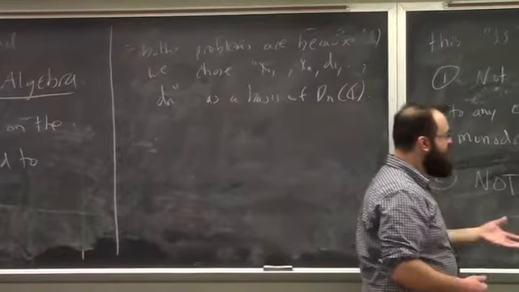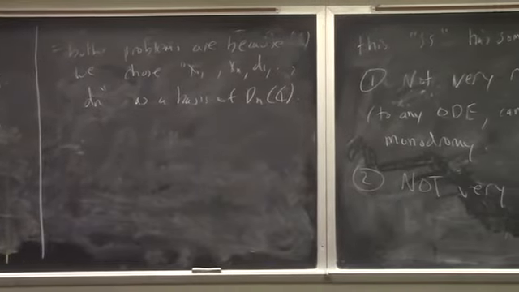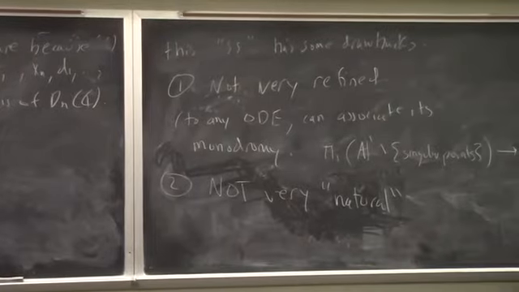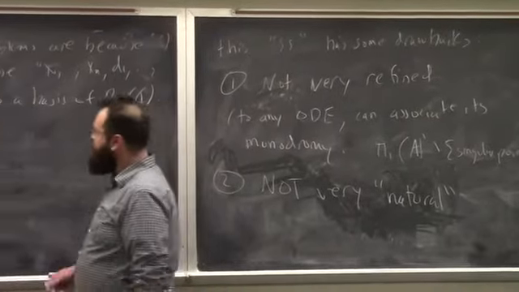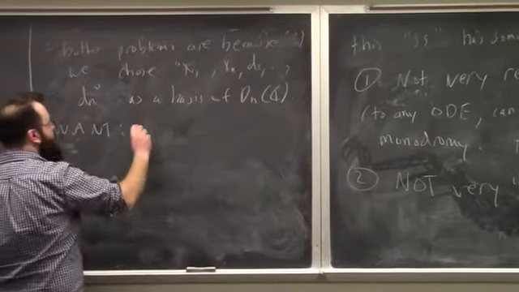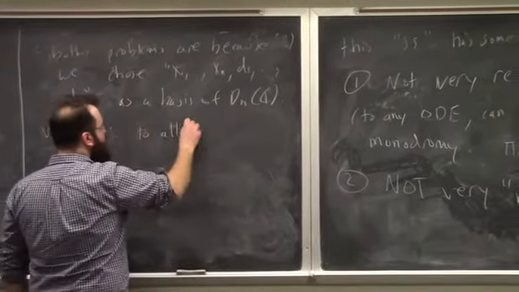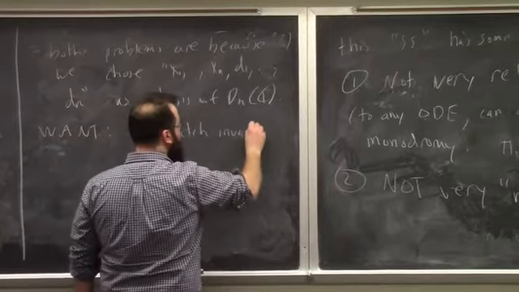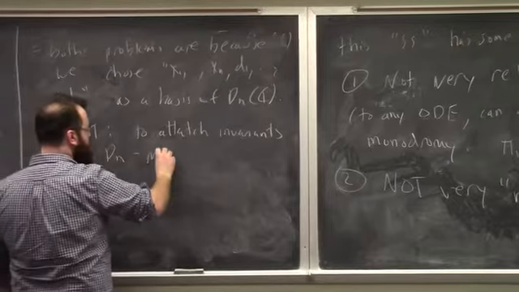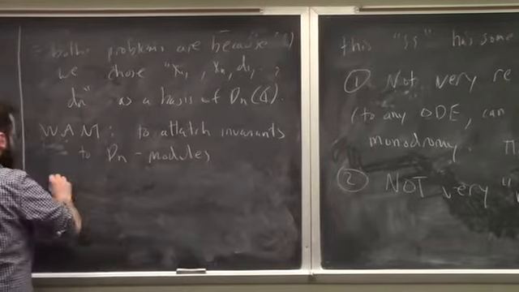And so what these things suggest is that we should be trying to look for invariants that are somehow basis independent. What we would want is just to attach invariants to Dn modules in a coordinate free way.